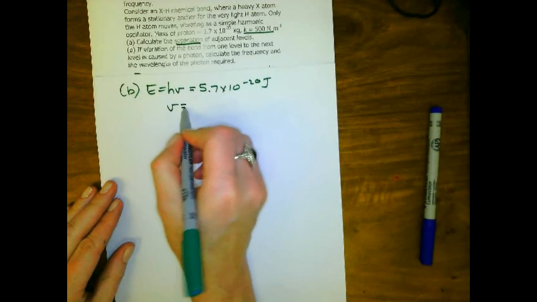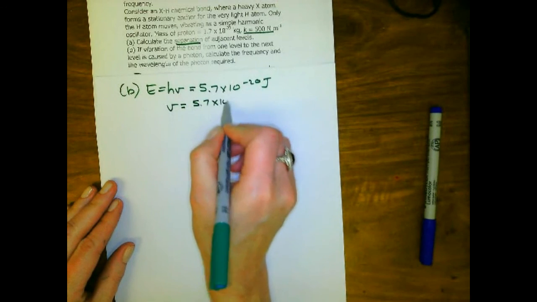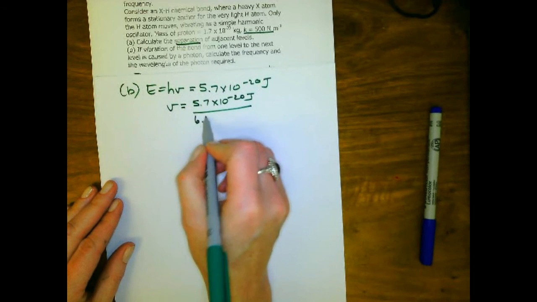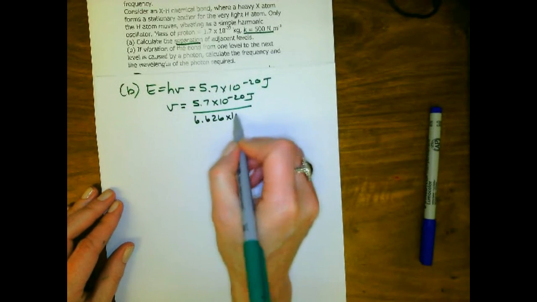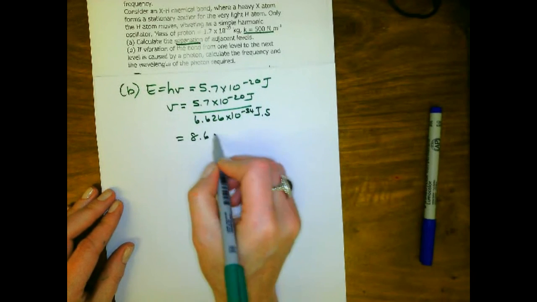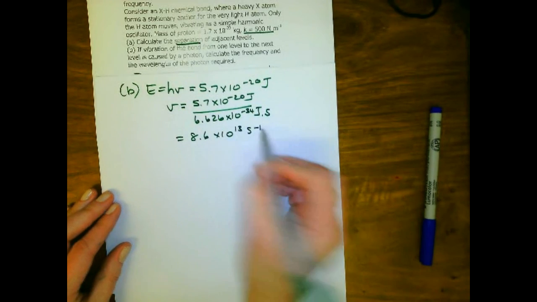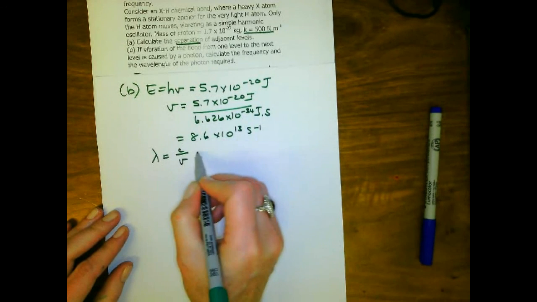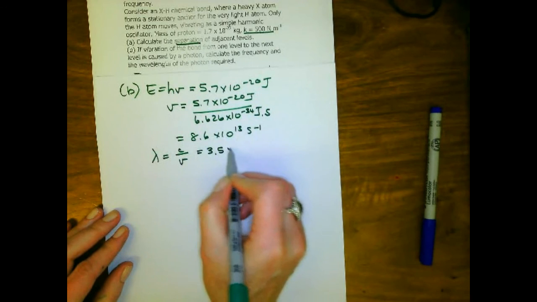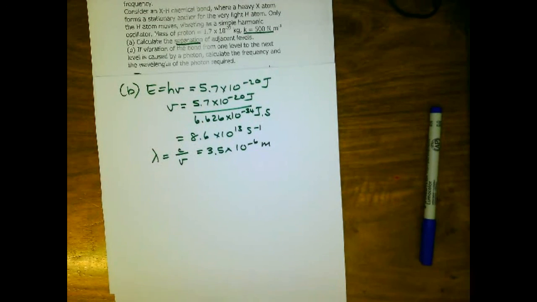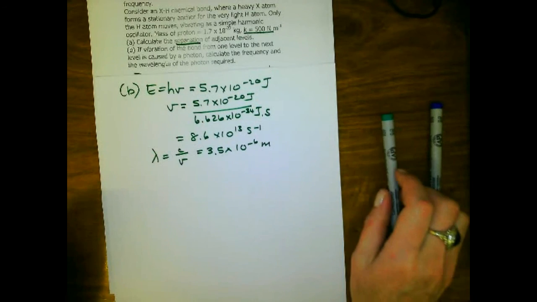So nu is 5.7 times 10 to the minus 20 joule divided by h. So there's the frequency. To get the wavelength, you can use that equation. So there's the frequency and the wavelength of the photon required for this transition.